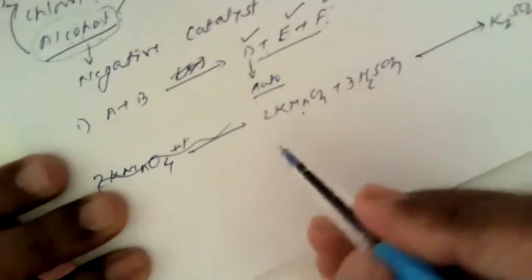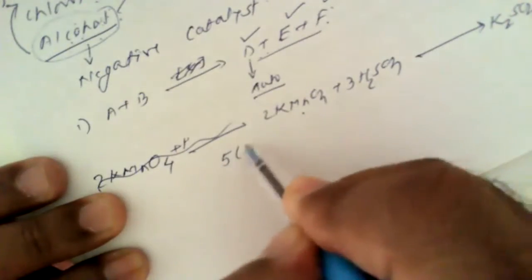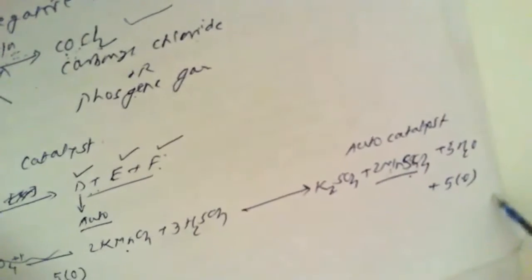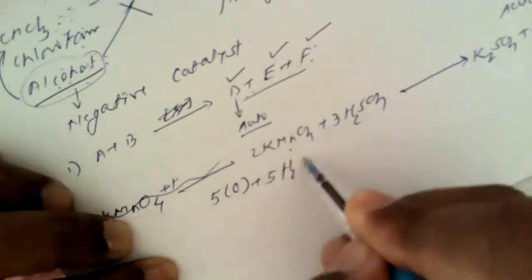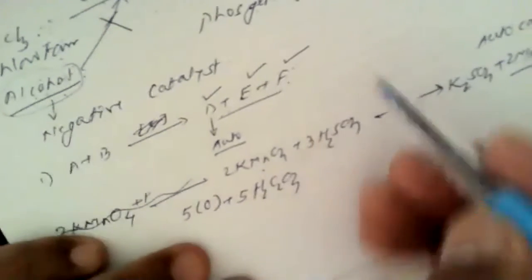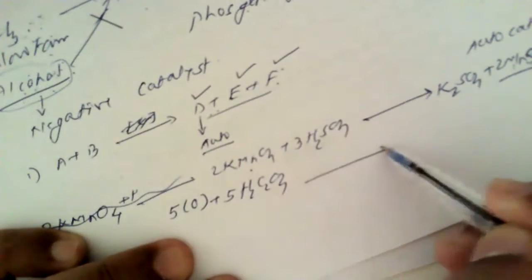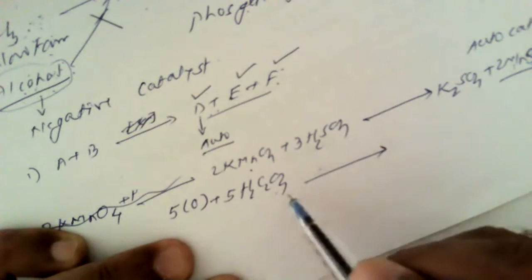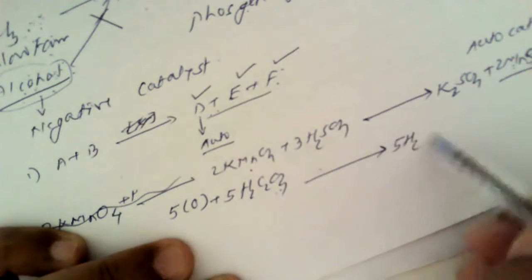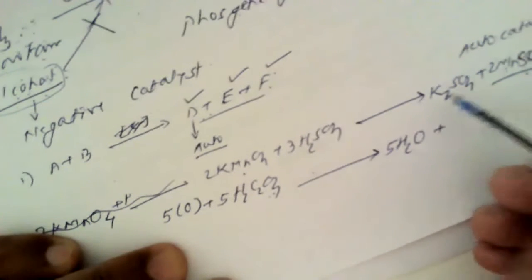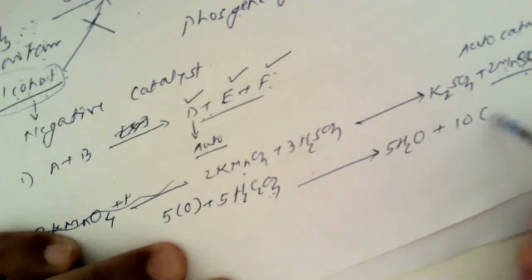Now, this is the first step of the reaction. The nascent oxygen which is formed during this reaction now forms another product, that is, the oxidation of oxalic acid takes place, forming 5H2O plus 10CO2.